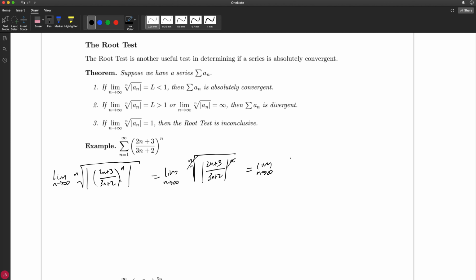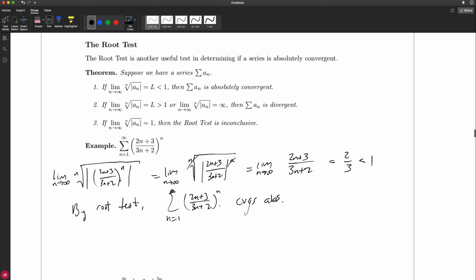And the absolute value of 2n plus 3 over 3n plus 2 is just itself. Everything's already positive. And that limit is 2/3, which is less than 1. So by root test, the sum from n equals 1 to infinity of 2n plus 3 over 3n plus 2, all raised to the n power, converges absolutely.